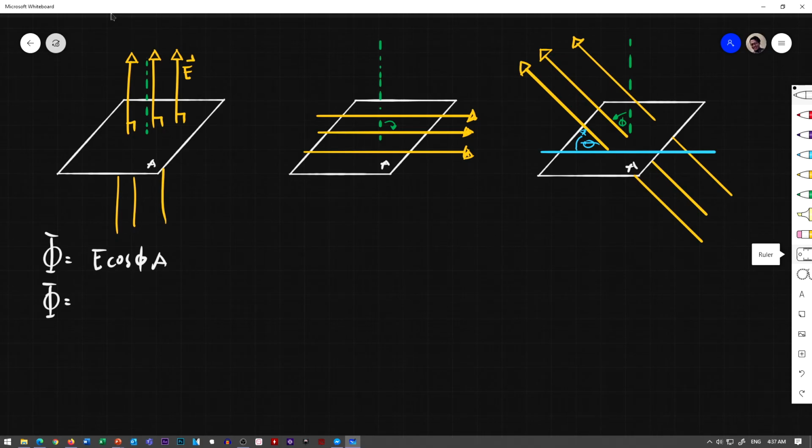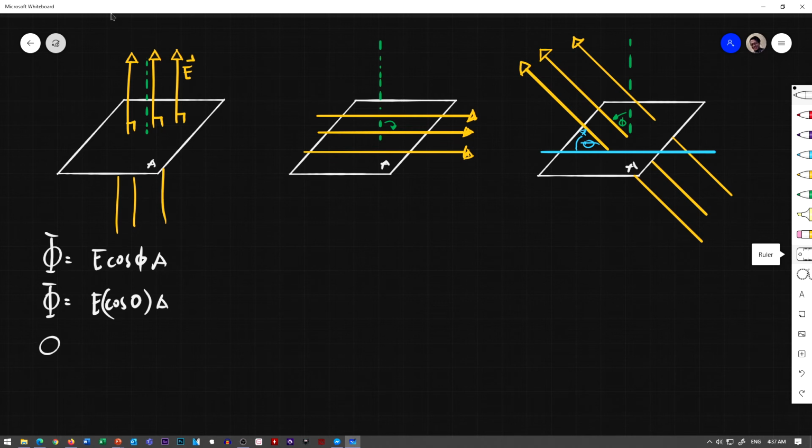So for this one, this will be E multiplied by cosine 0 times the area. Since cosine 0 is equal to 1, you can go ahead and check your calculator for the value of that.